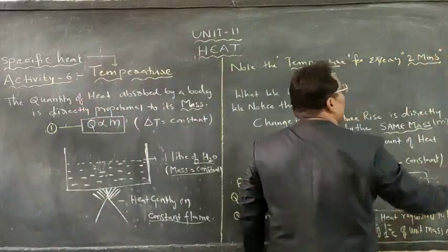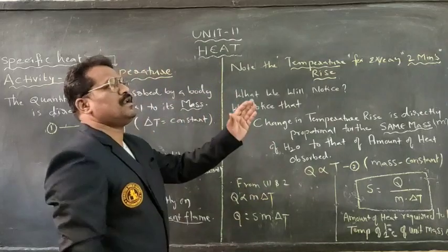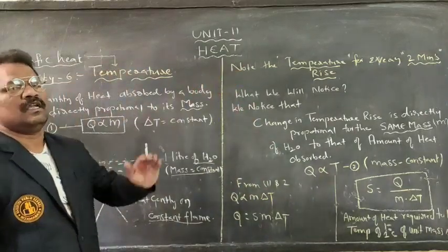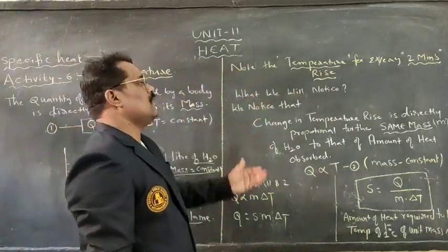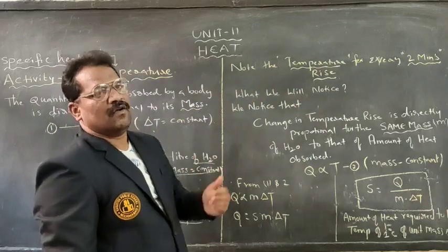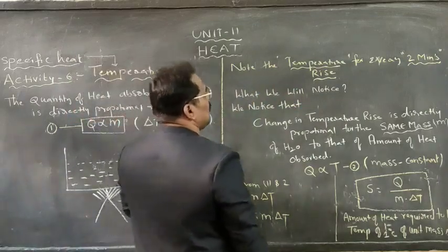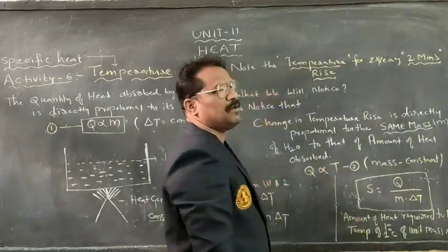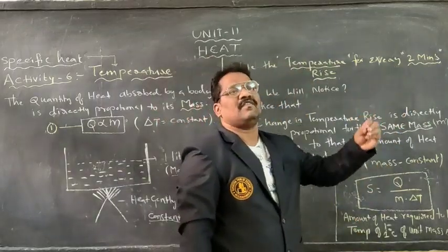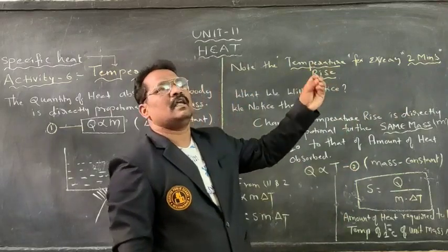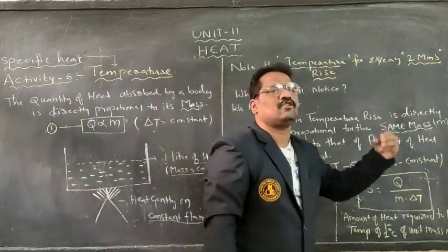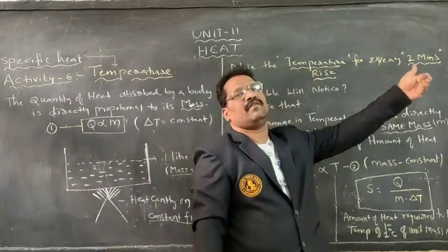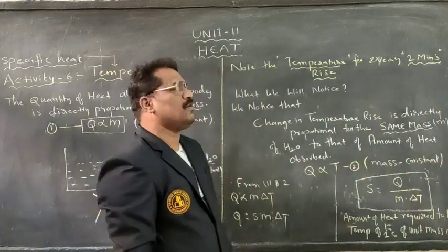Observe how the temperature rises. You will notice a certain change in temperature for every 2 minutes. For the first 2 minutes, if the temperature attains 30 degrees, in the next 2 minutes the temperature will increase a little more than 30 degrees.